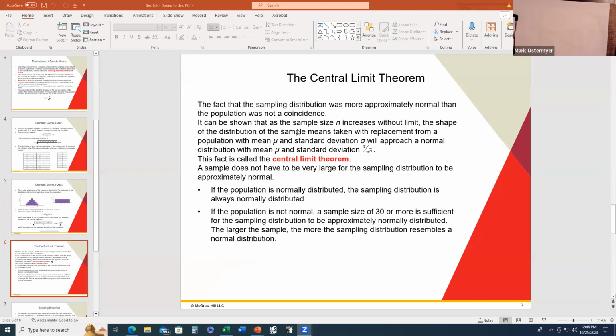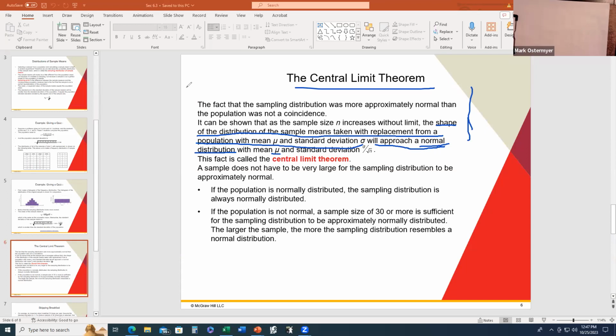It can be shown that as the sample size n increases without limit, the shape of the distribution of the sample means taken with replacement from the parent population with a mean of mu and standard deviation of lowercase sigma will always approach a normal distribution with a mean equal to the mean of the population and a standard deviation equal to the standard deviation of the population divided by the square root of the sample size. That's guaranteed by the central limit theorem. It's always going to be the case.